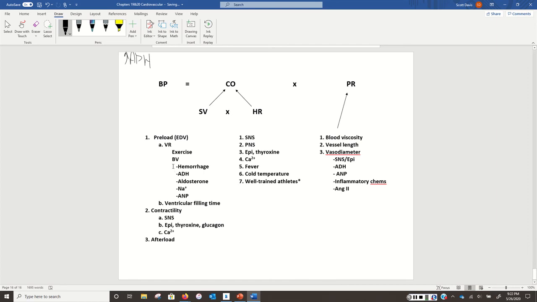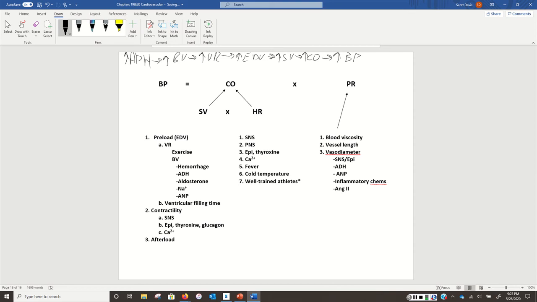Increased ADH causes increased blood volume, which causes increased venous return. Increased blood volume, increased venous return. Keep working up. Increased end diastolic volume. Increased what? Stroke volume. What's next? Increased cardiac output, which leads to increased blood pressure.